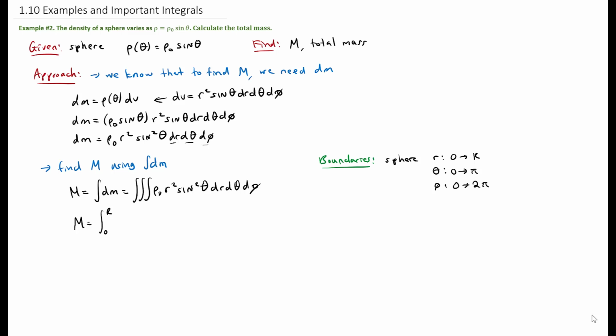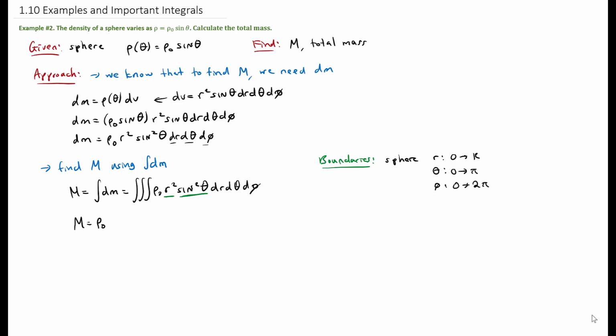The other thing, before we even write this out, maybe we should take a look at the function first. To save a step, we can factor out rho naught, and then I can take a look at whatever's left. So I know that r squared can be separated, and sine squared theta can also be separated.